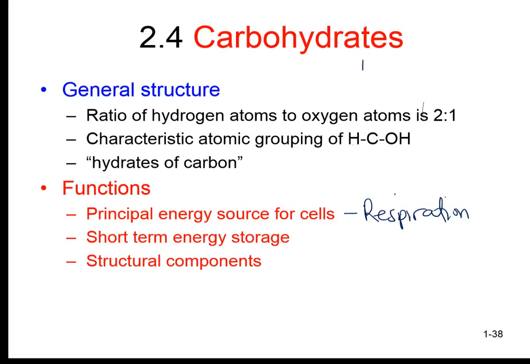The principal energy source is usually starch. The storage one is called glycogen, and we'll see what glycogen is. Another carbohydrate that we use for structural components, the structure of trees and things, is known as cellulose, and we'll see what cellulose does.